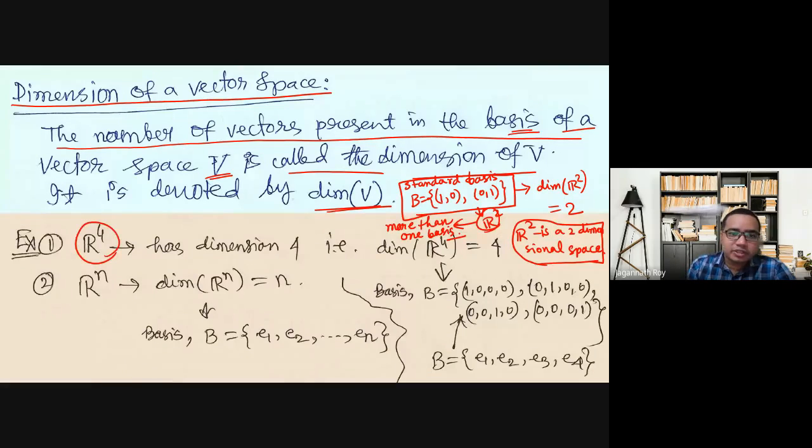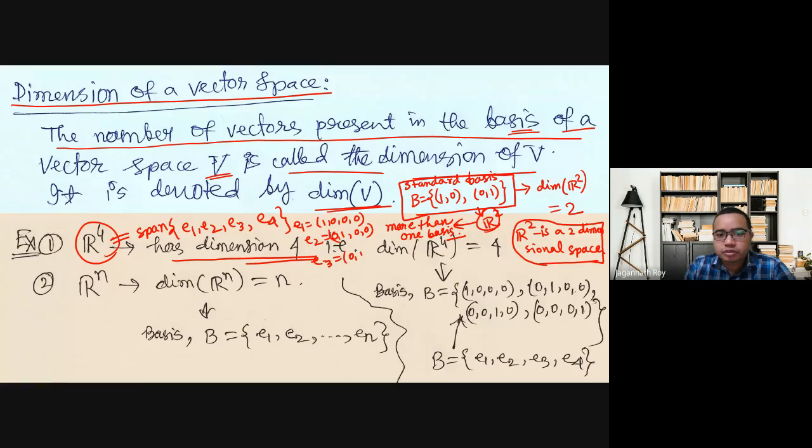So in four-dimensional space, R4 has dimension 4. That means R4 is a span of E1, E2, E3, E4, the standard basis, where E1 is 1, 0, 0, 0, E2 is 0, 1, 0, 0, E3 is 0, 0, 1, 0, and E4 is 0, 0, 0, 1.